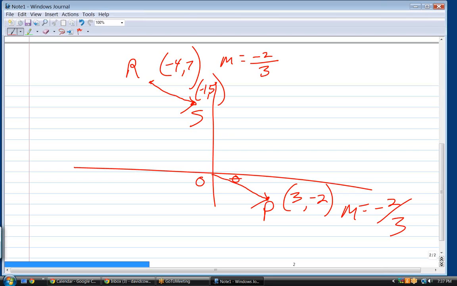Now, do they have the same magnitude? Well, let's draw a little triangle here. What is the length of RS, or the modulus, if you want to call it that? It's the hypotenuse of that triangle.